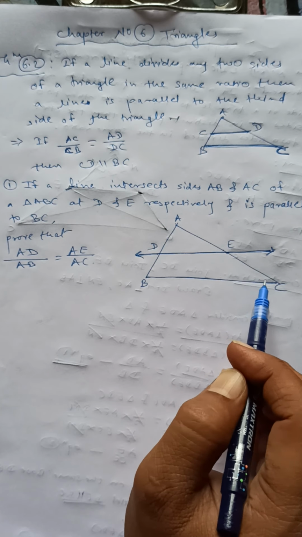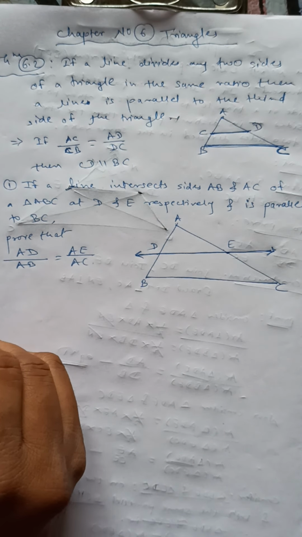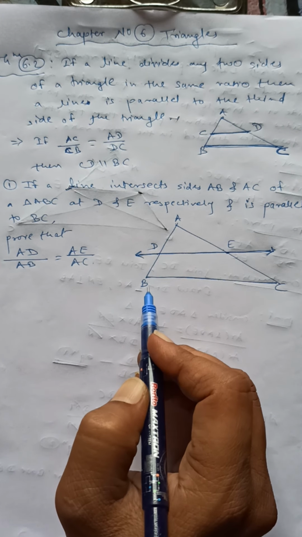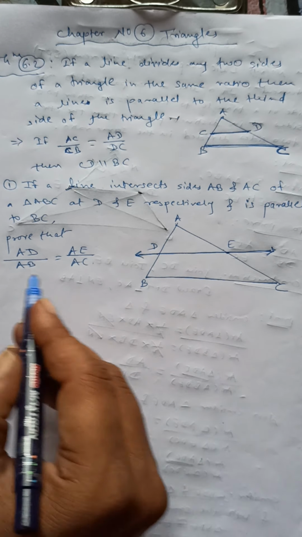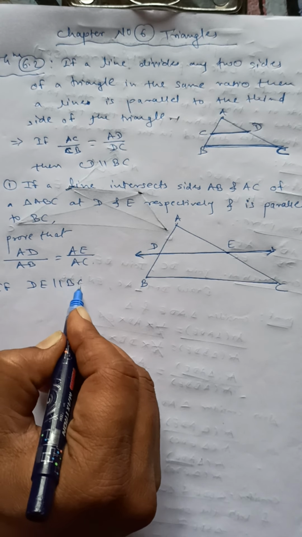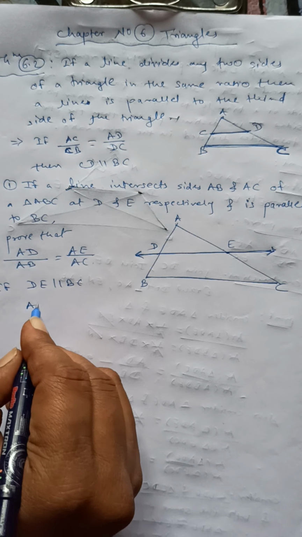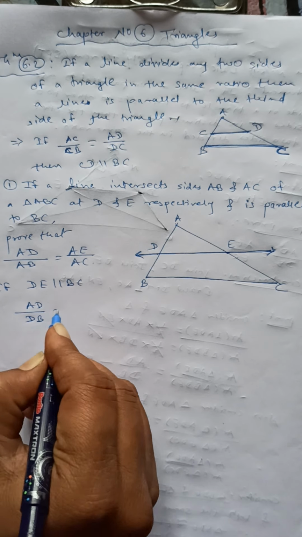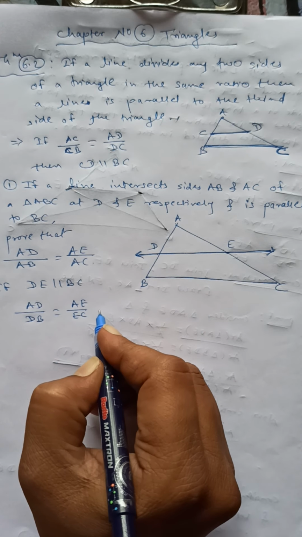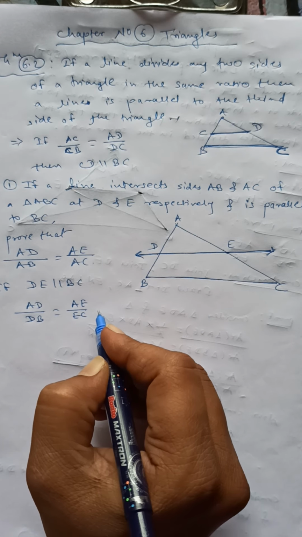How do we prove this one? See, if a line is parallel to one side of a triangle, then it divides the other two sides in the same ratio. So if DE is parallel to BC, we can say that AD upon DB is equal to AE upon EC by Thales theorem or BPT theorem.